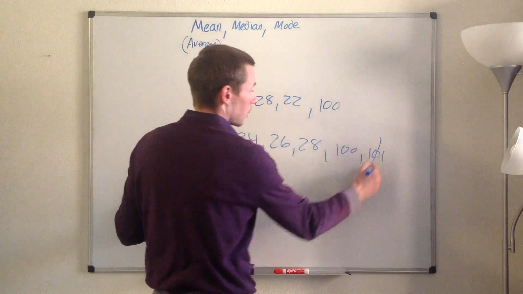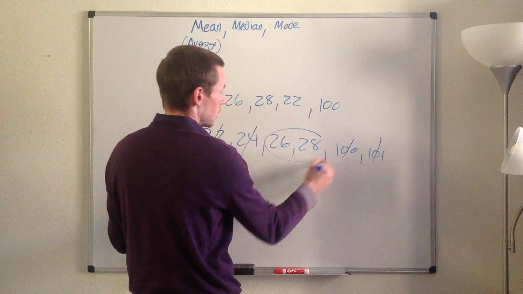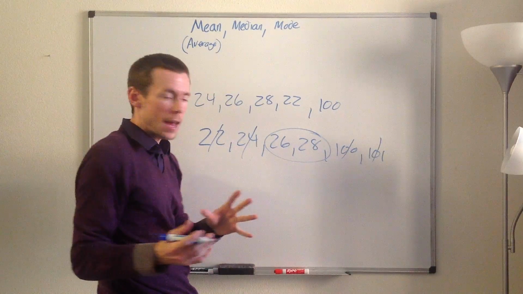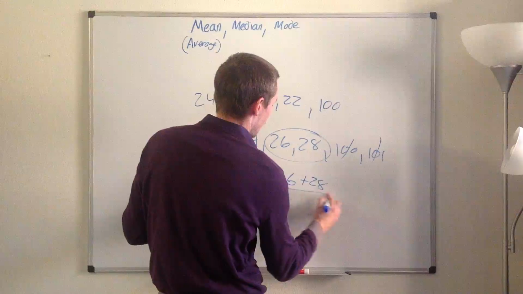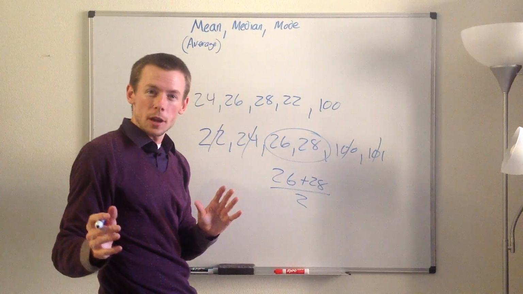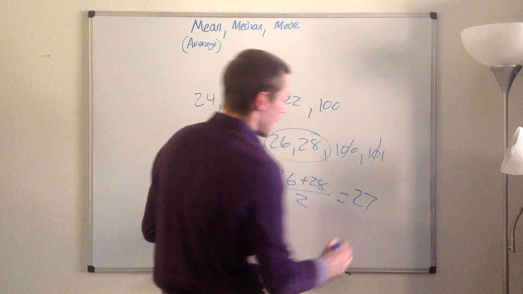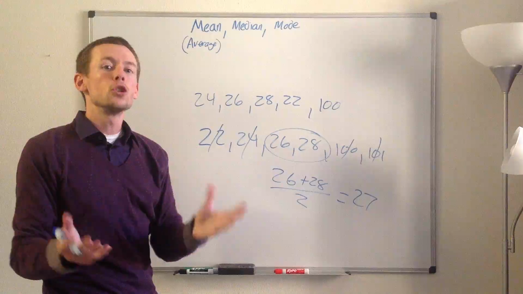Well, still cross off the largest and the smallest, second largest, second smallest. And then you have 2 in the middle this time. And what you do for that is add both of those numbers and divide by 2. And then that comes out to 27. So that's what you would do if you found yourself with 2 numbers in the middle.